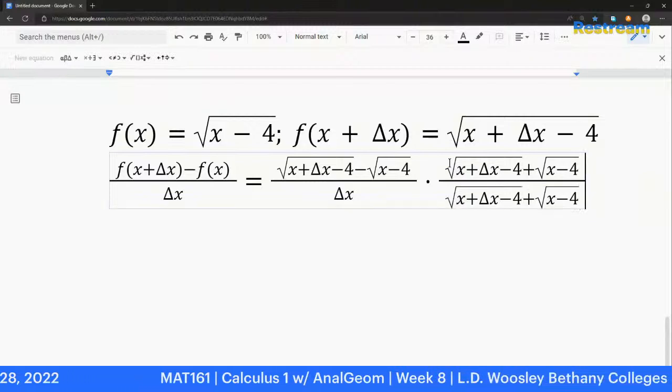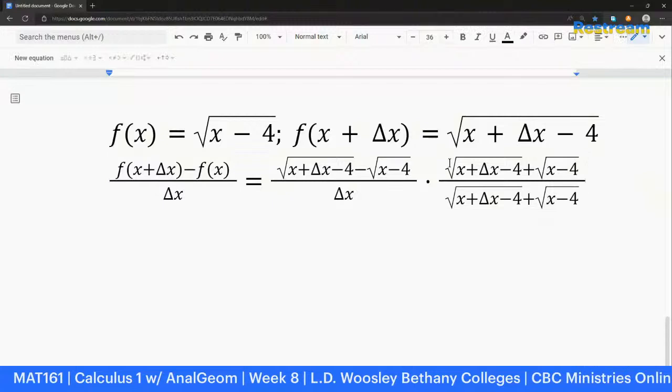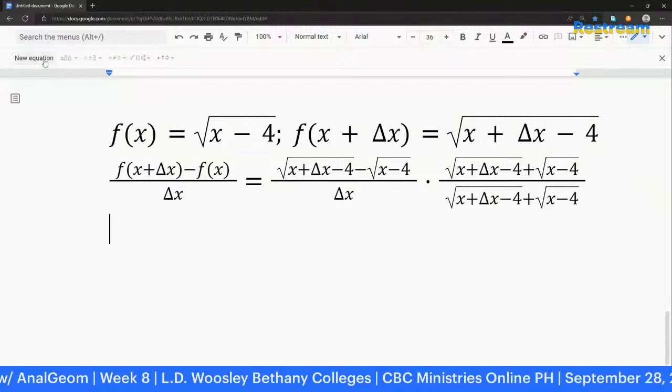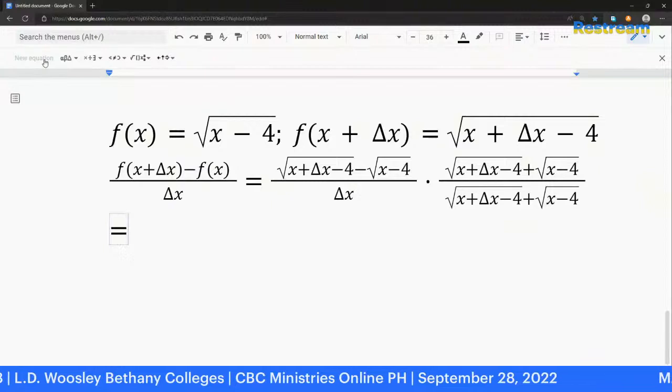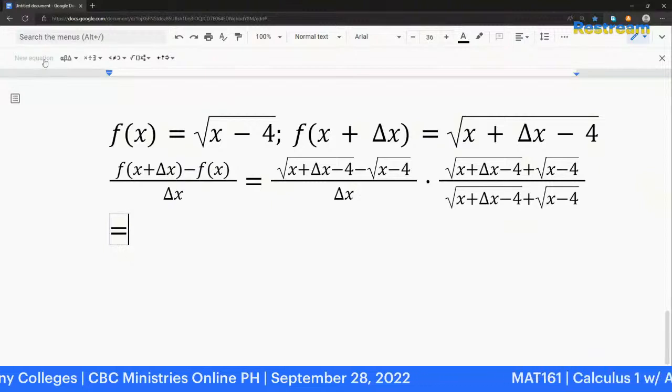Alright. So, what will be the result? Magkakaroon siya ng rationalization of numerator.